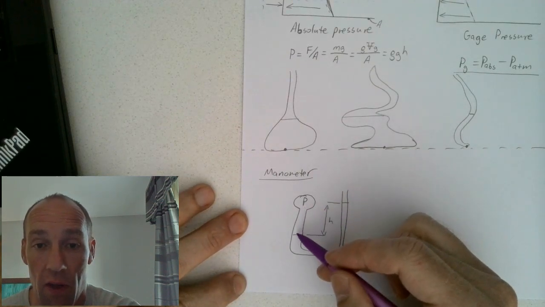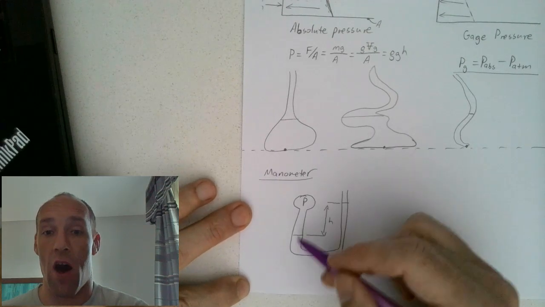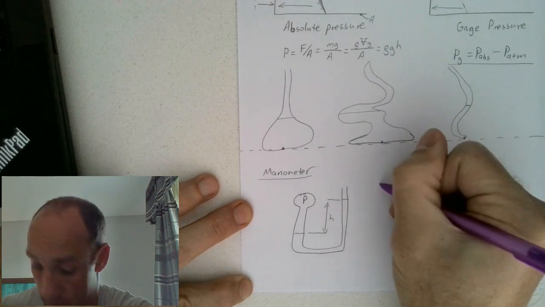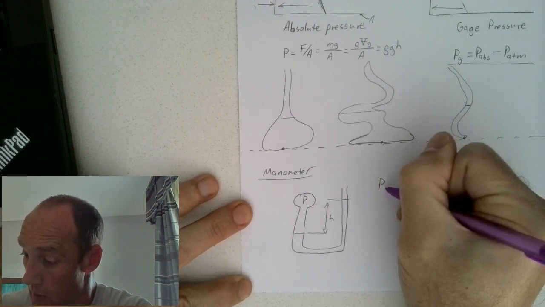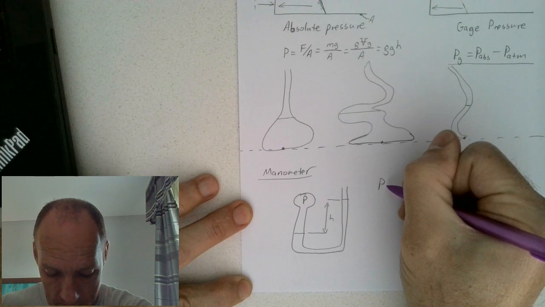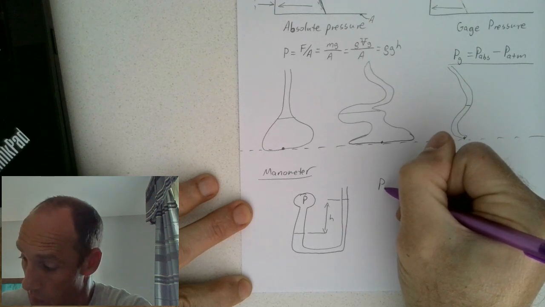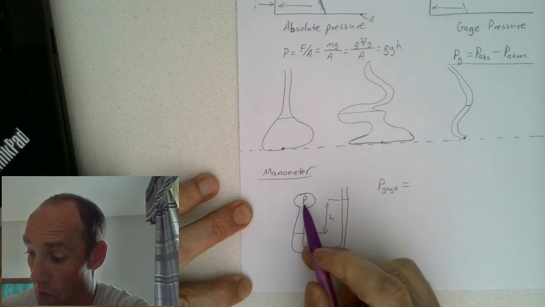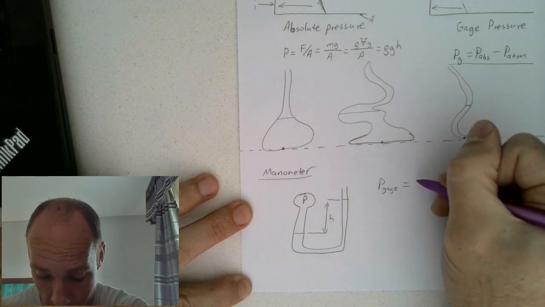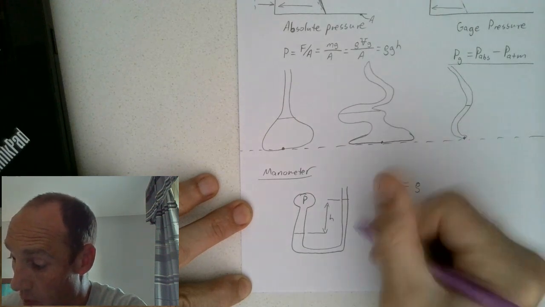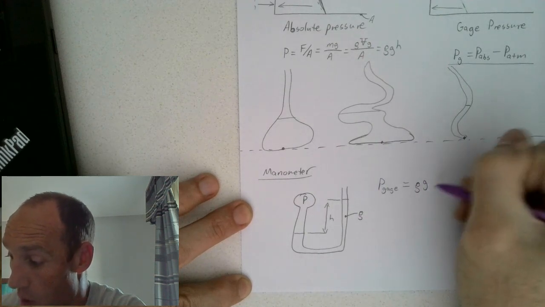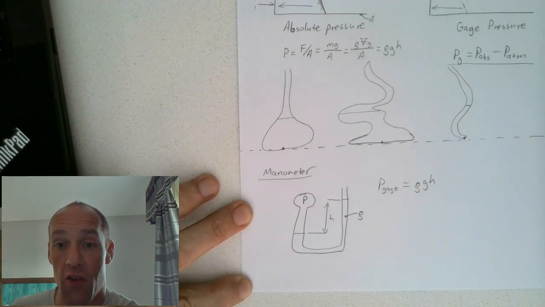Well, the air pressure is going to be pushing down on this end of the column, causing this end to elevate. And the gauge pressure within this column is equal to rho, the density here, times gravitational constant times h.